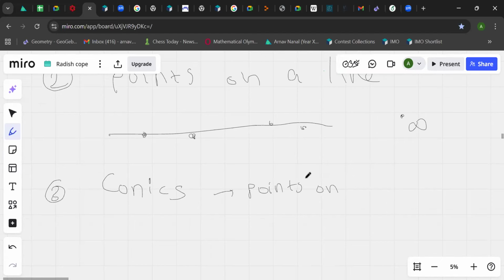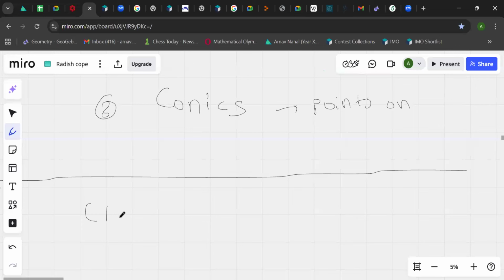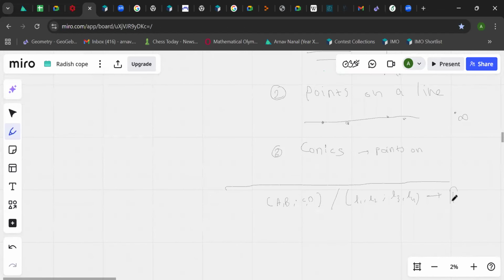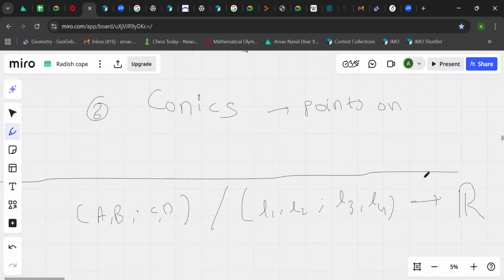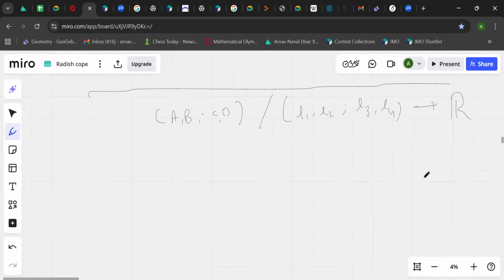So what is a cross ratio? It's basically a function which takes in 4 points, let's say A, B, C, D, or 4 lines in a pencil, like L1, L2, L3, L4, and it gives you a real number. For now, we do not know what a cross ratio means.